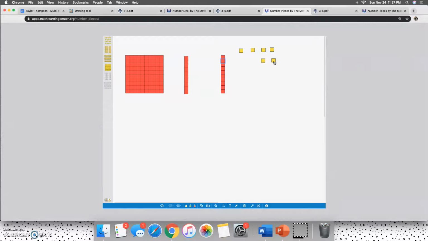So that means that 204 minus 78 is 126, and that's how 3rd graders would solve this problem using and modeling with base 10 blocks.